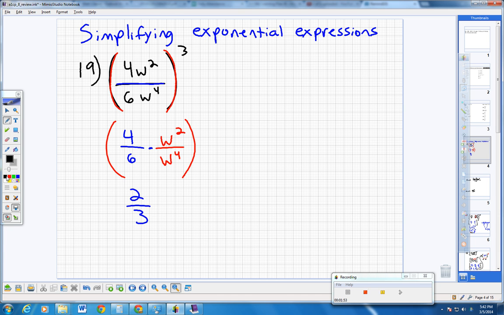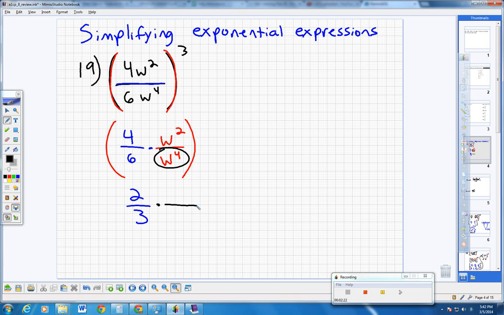Well, I want to look at this one like this. I don't want to write it using negative exponents. So I want to identify which one has the bigger exponent, the numerator or denominator. Obviously w to the fourth has the bigger exponent, so I'm going to subtract.